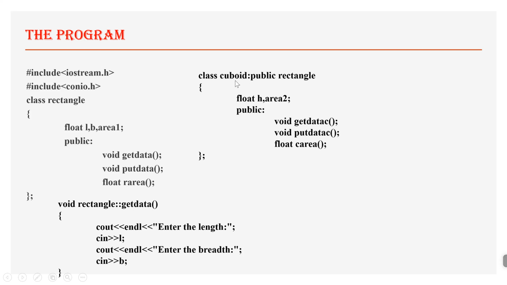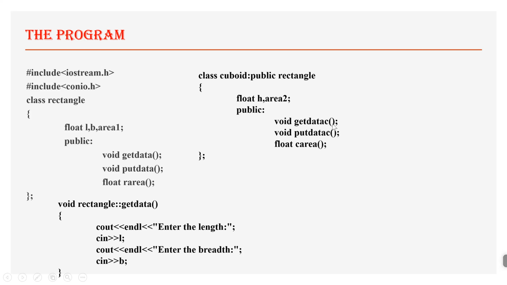Class cuboid public rectangle means cuboid is going to be a derived class which is inheriting rectangle in public mode. In addition to that, it is defining 2 more data elements. What are they? Height and area 2. Now, I'll come to public, wherein I'm using some functions.